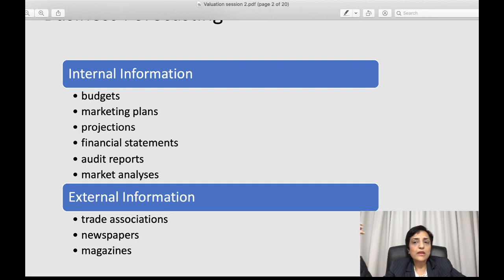The best place to get it is through the trade association or the industry reports, available through different sources like Factiva, Statista, and so on. There are other good sources like newspapers, online magazines, or other websites.